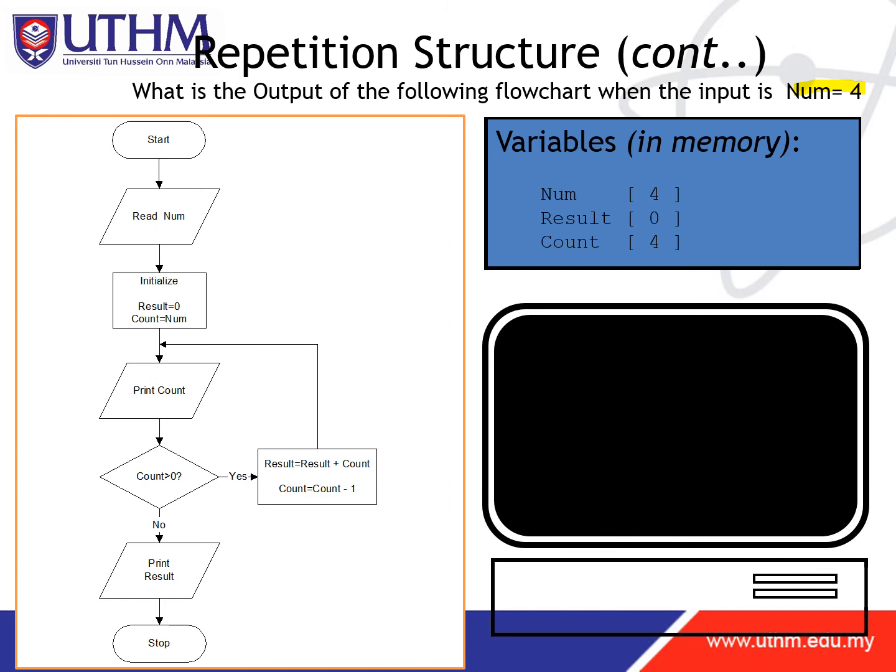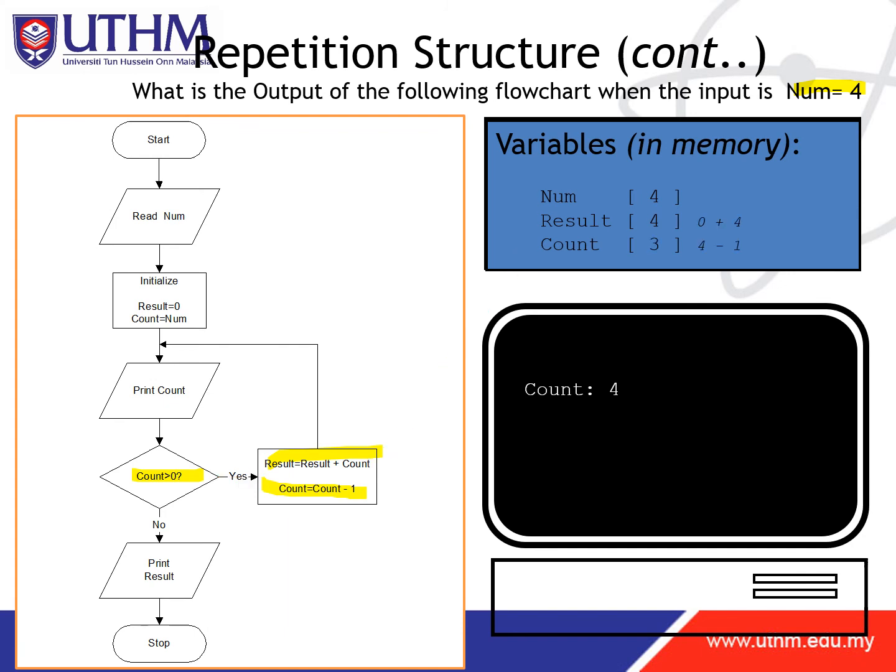So what you will have is you will print count. Okay, so you print count now, count is 4, and then is count greater than 0, right? Count is greater than 0. Okay, so if yes, then you go to result equal to result plus count, and count equal to count minus 1.